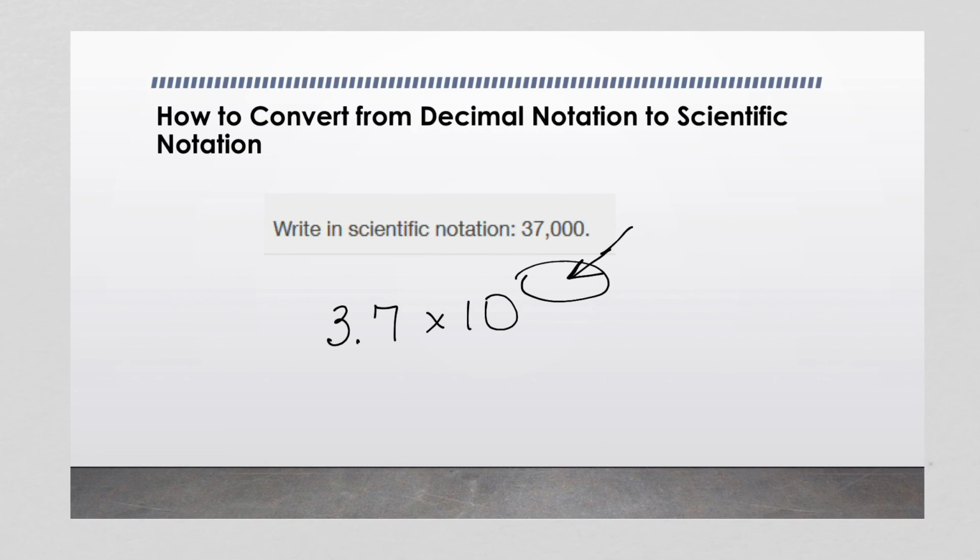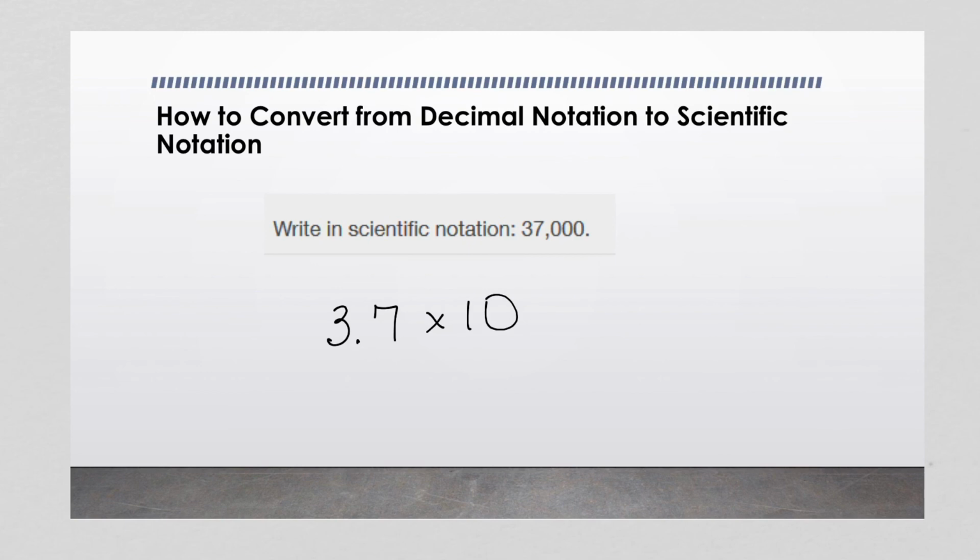If you said smaller, that this number has to get smaller to turn into this, then that means this number up here has to be a negative number, okay? So since we said bigger because we want 3.7 to turn into 37,000, the exponent is going to be positive.